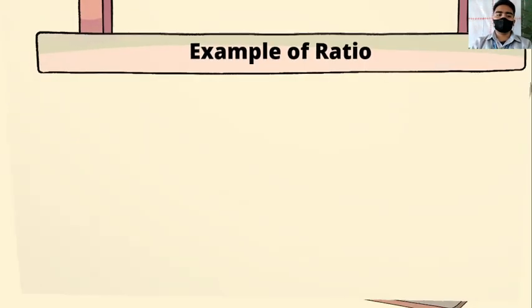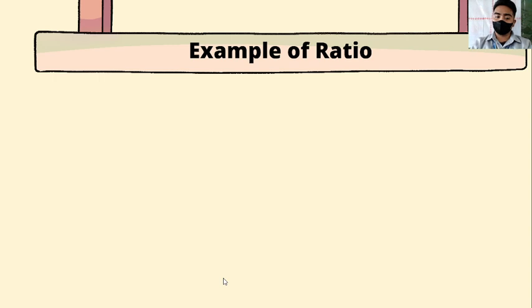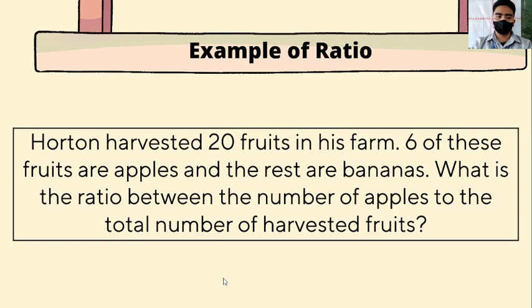So this is an example of a ratio. Let's have this example. Horton harvested 20 fruits on his farm.